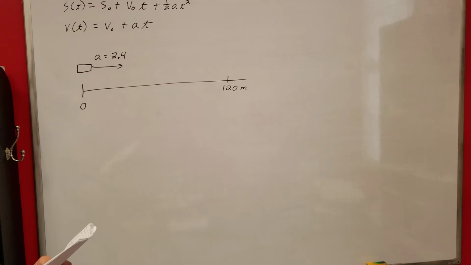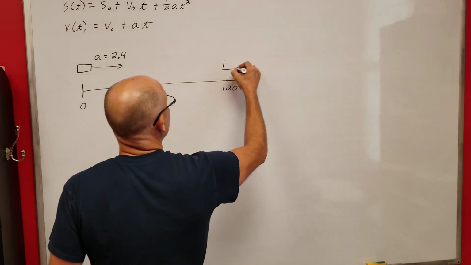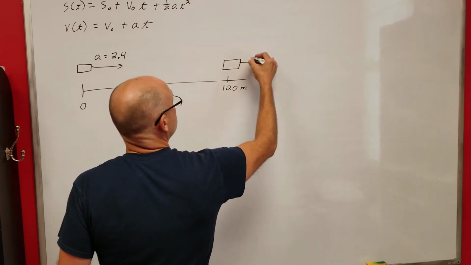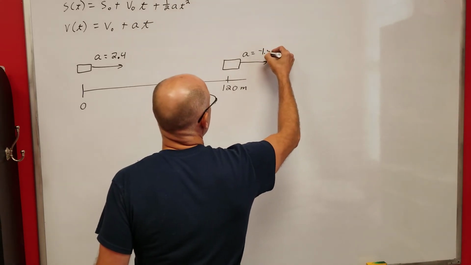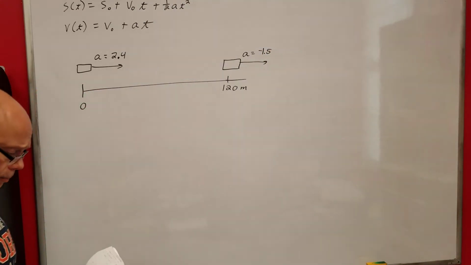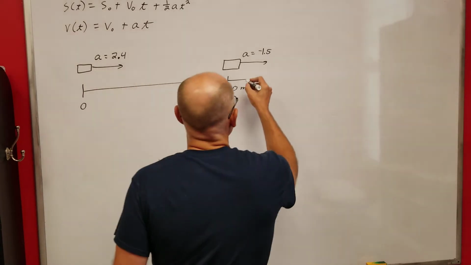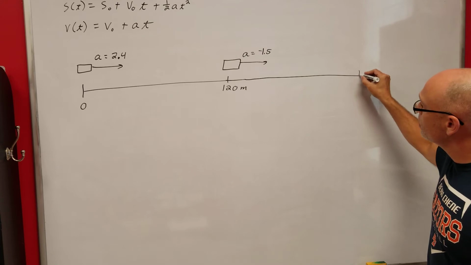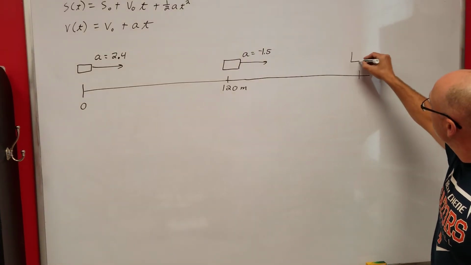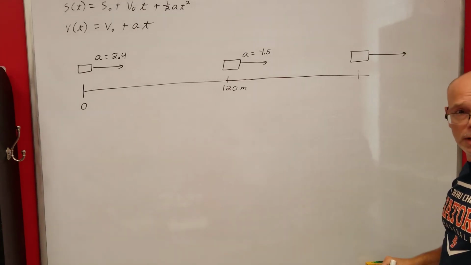It slows down with a constant acceleration of negative 1.5 meters per second squared, right? And then it says until it attains a speed of 18 meters per second. So it slows down with that acceleration till it gets somewhere over here. And then it has a speed of 18 meters per second.